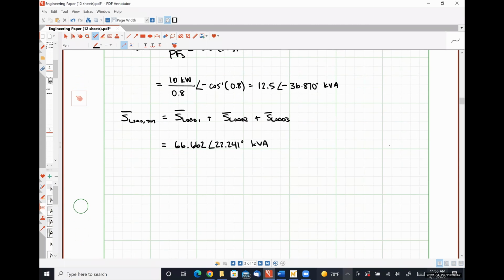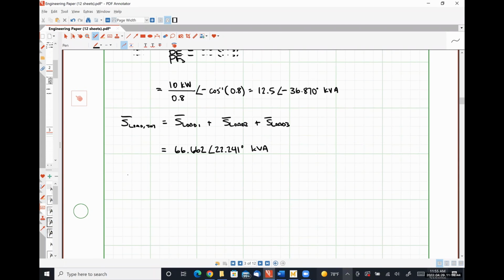So if we know that S load total is equal to that voltage VL, because that voltage is the same voltage across all three loads, times the current IL conjugate, we can simply solve this for IL conjugate, right?